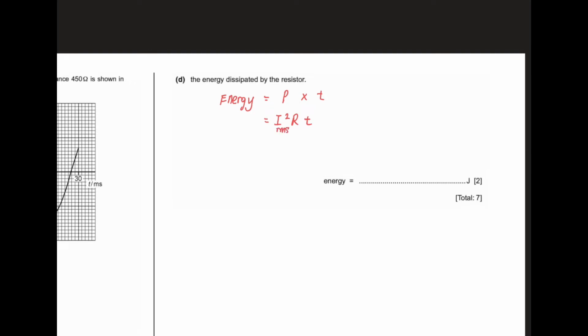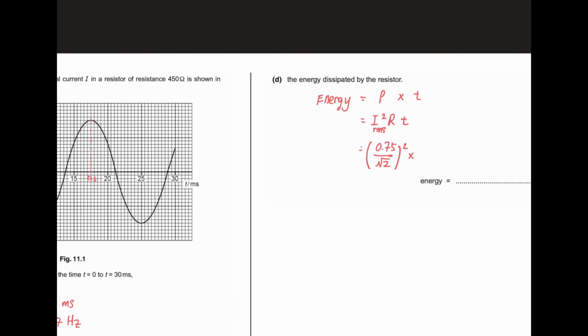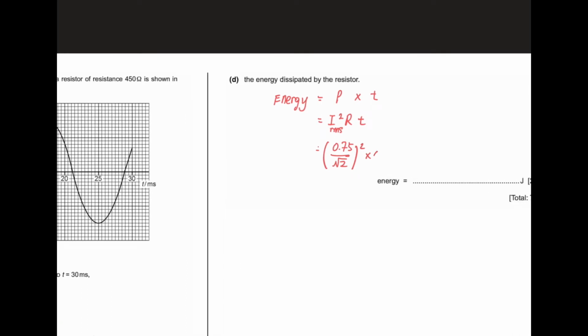Root mean square current, which is 0.75 over square root 2 just now. Then you square it, multiply with the resistance. The resistance is here, 450 ohm. Multiply with the time.